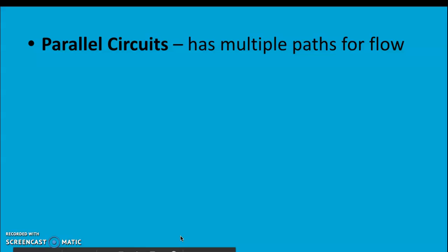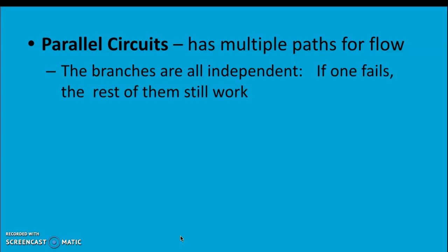This is in contrast to a parallel circuit, which can have more than one path for flowing. By definition, it has more than one path for flowing. The branches of a parallel circuit are all independent, so if one of them fails, the rest of them can still work.